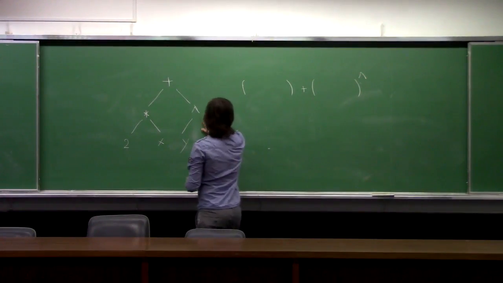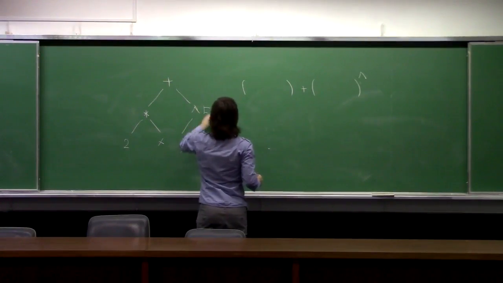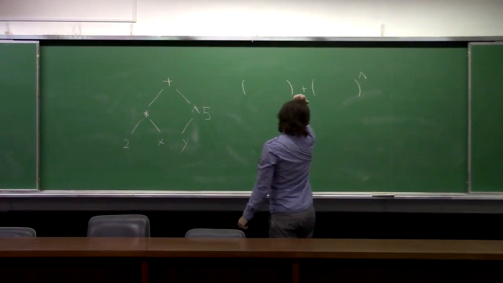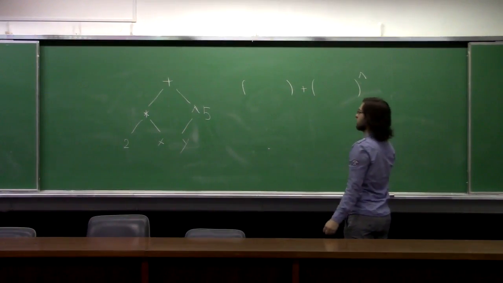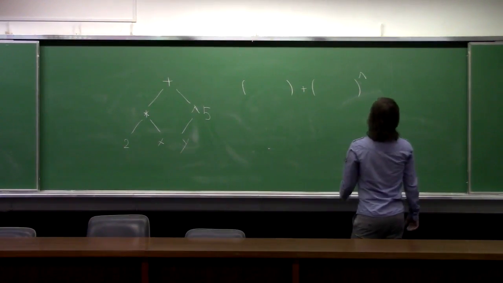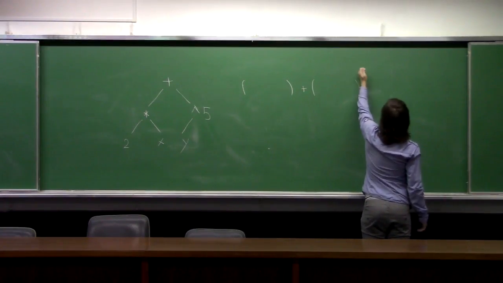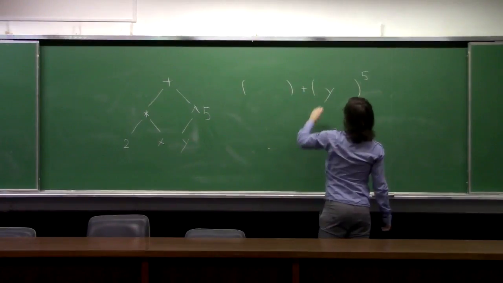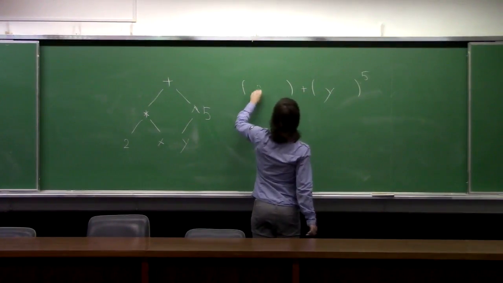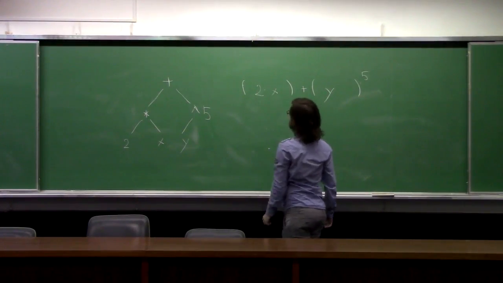If it's exponentiation, you can just keep the exponent in the same node as that operation. So this would be to the power of 5. Here would be y, 2 times x.